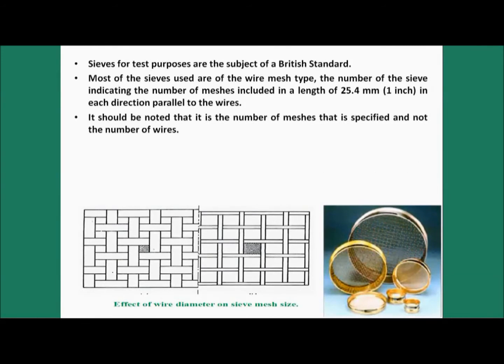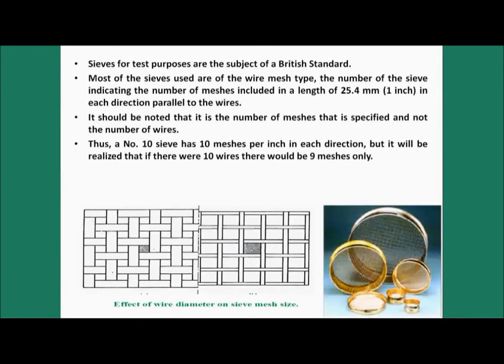It should be noted here that it is the number of meshes that is specified and not the number of wires. The number of wires is not associated with the mesh size. Let me make this very clear. A number 10 sieve will have 10 meshes per inch, in each direction.